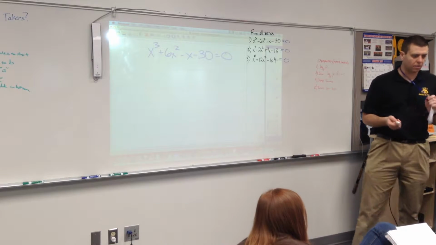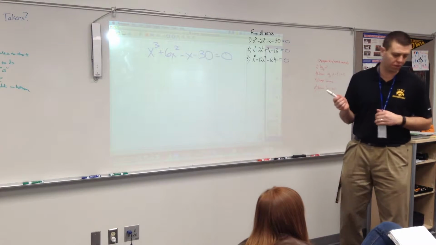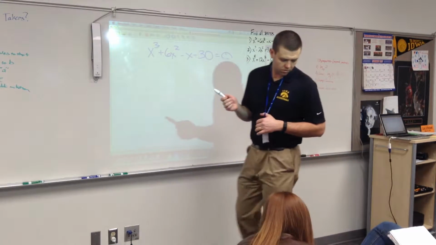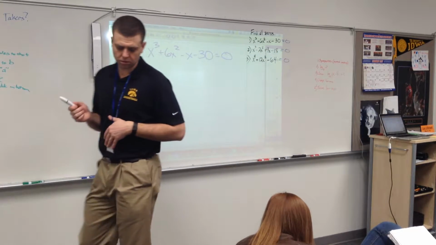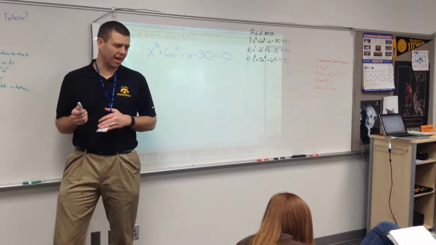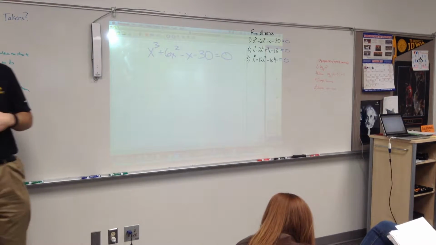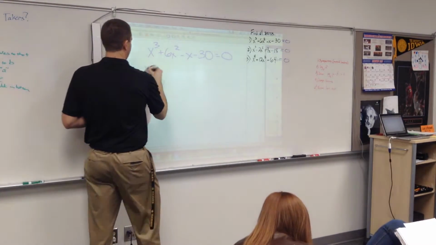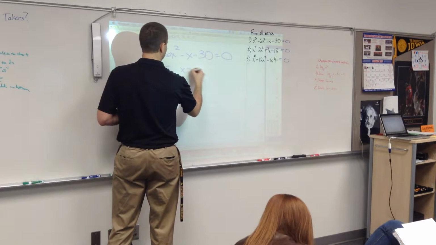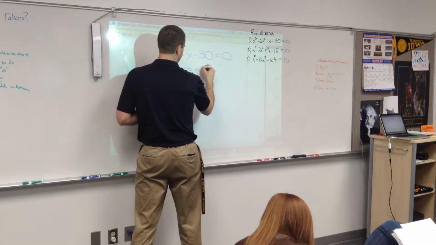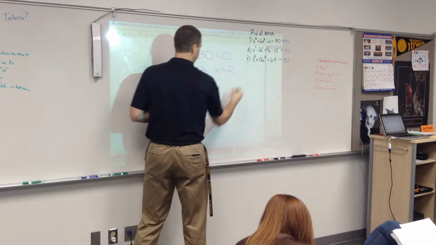Still a straight line. Maybe, what'd you find? I think I wrote it for, so all three of these were nice. Negative 5, negative 3, positive 2. Yep. I heard another one. Yeah. I see 3. So x equals negative 5, x equals negative 3, and x equals positive 2. Okay?